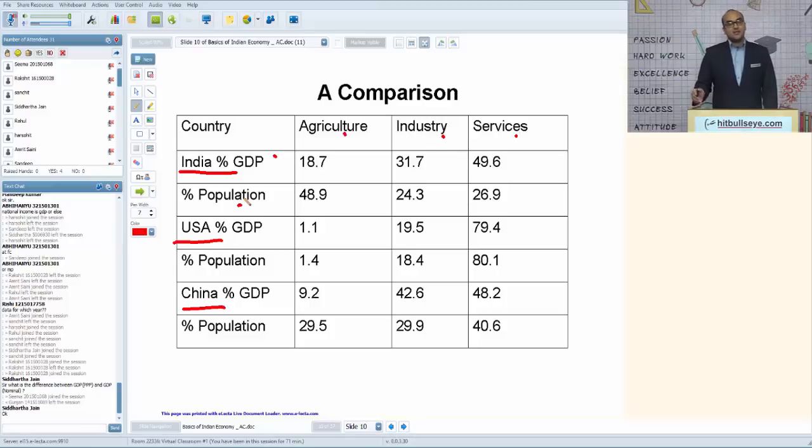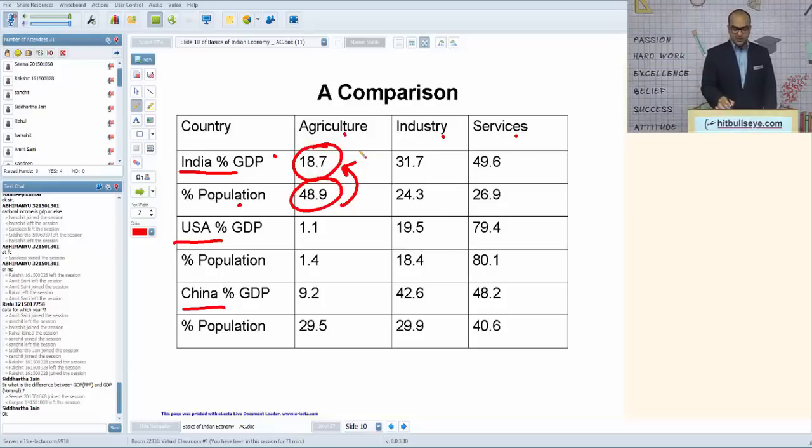As you can see, there are some glaring imbalances as far as Indian agriculture is concerned. So almost 50% of our population is engaged in agriculture, but they are producing only 18.7% of the economic output, right? So this is a huge problem that the Indian economy is facing.